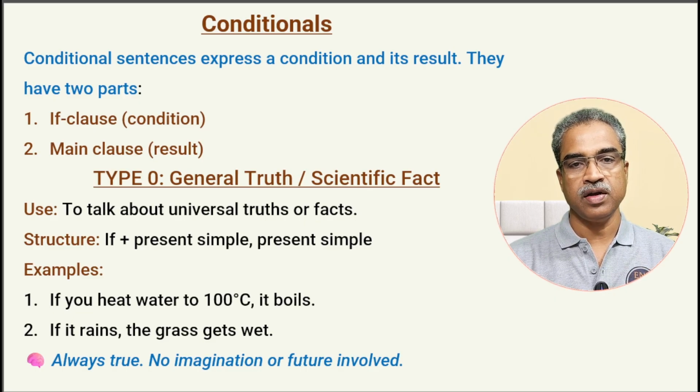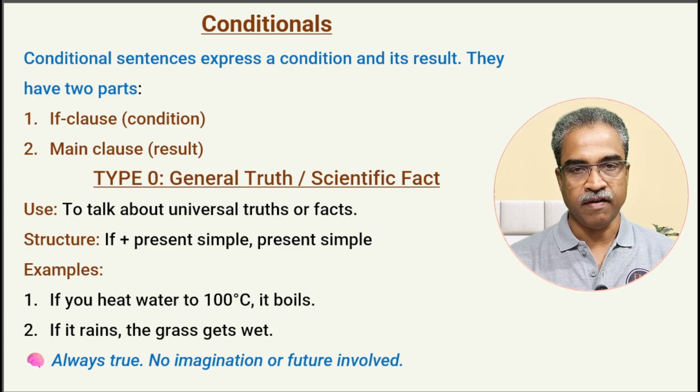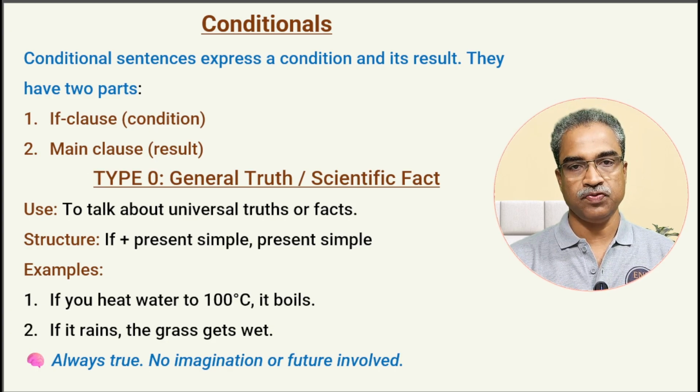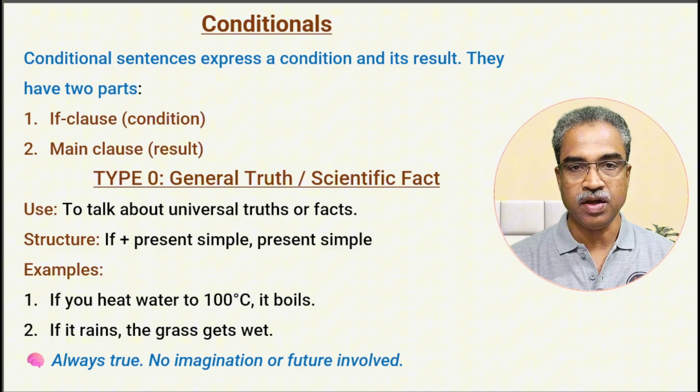We will learn about clauses later in another video, but for the sake of understanding, very briefly, let me just explain what a clause is. A clause is a part of a sentence. It is a group of words which forms part of a sentence, and in that there has to be a finite verb.